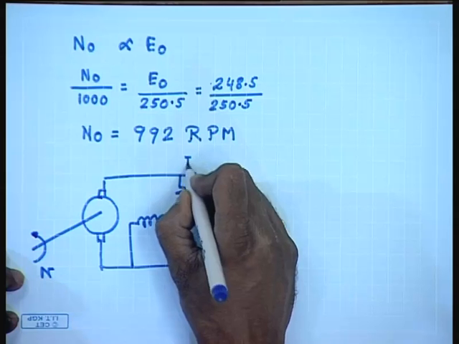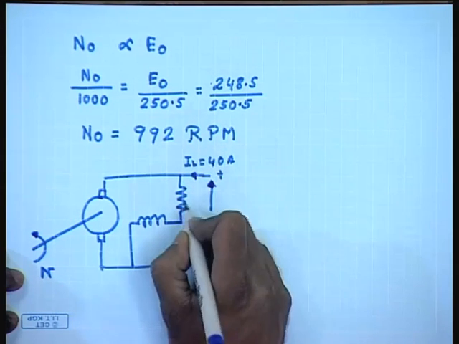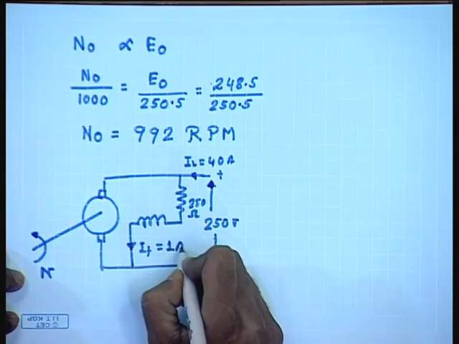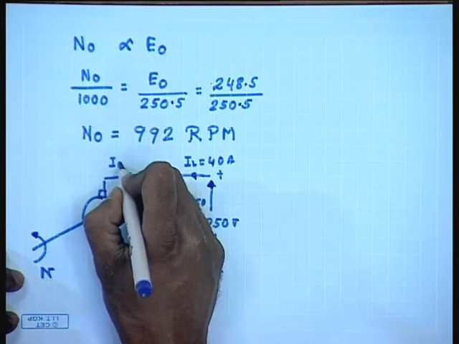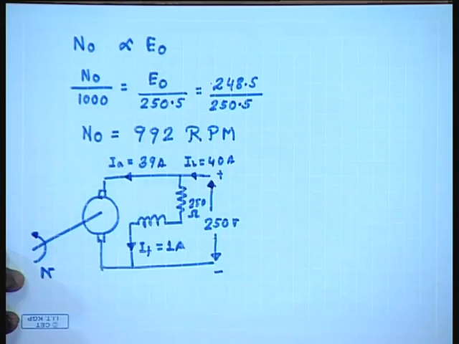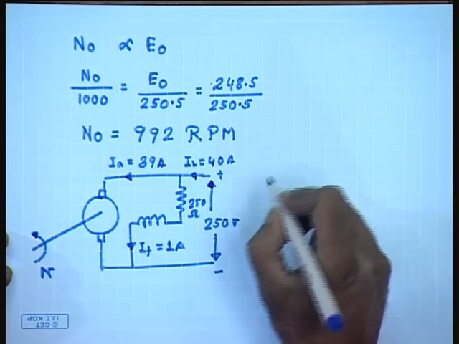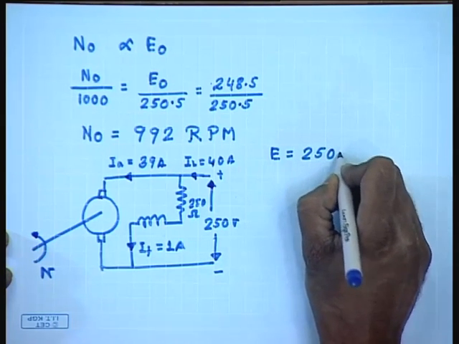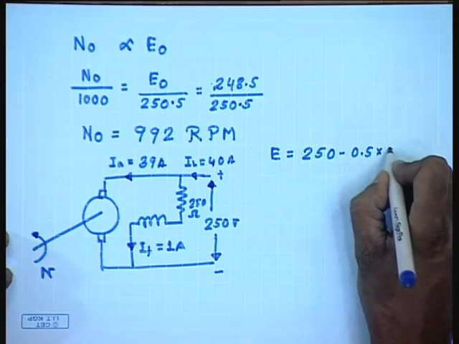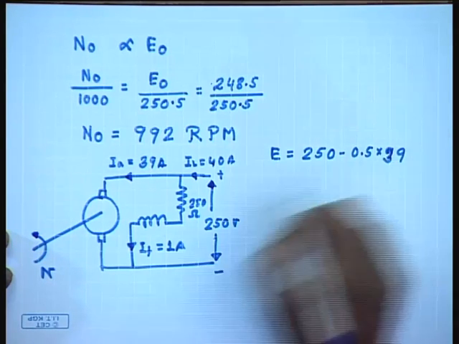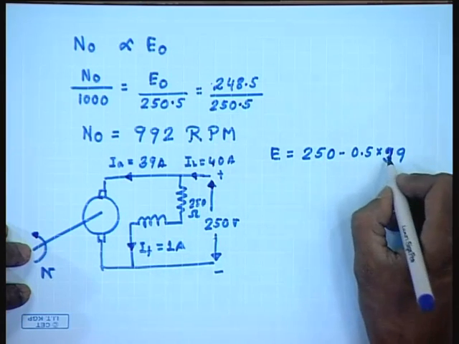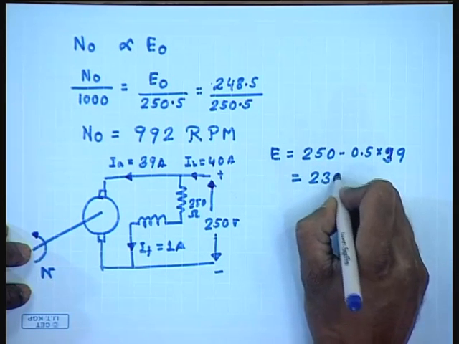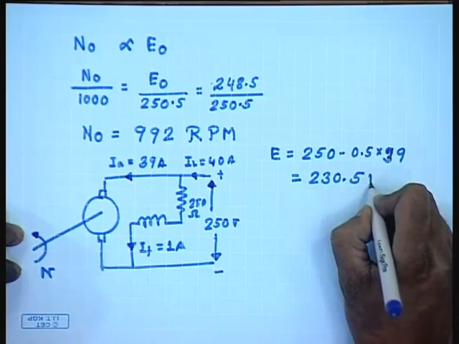The load current drawn IL equal to 40 ampere, this is still 250 ohm. So, this is IF equal to 1 ampere and Ia equal to 39 amperes. So, what is E under load condition? 250 minus 0.5 into 39, this gives you 230.5 volts.